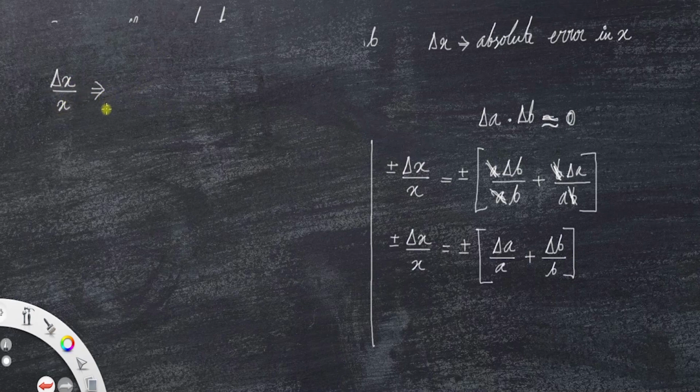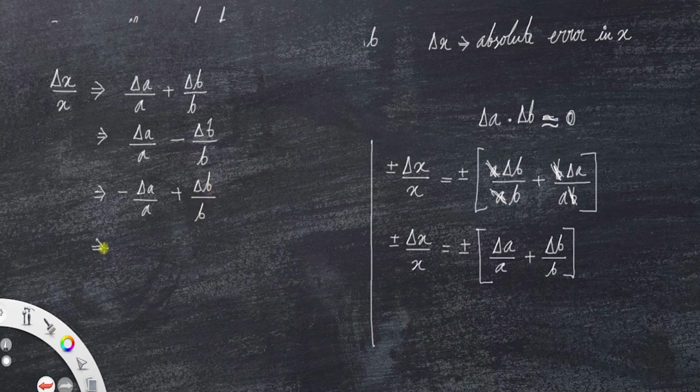So delta X by X can take these four possibilities, that is delta A by A plus delta B by B, that is the first combination. Now delta A by A minus delta B by B, minus delta A by A plus delta B by B, and the last one, both of these variables are negative.